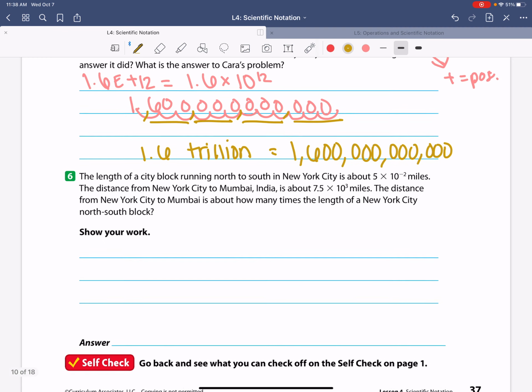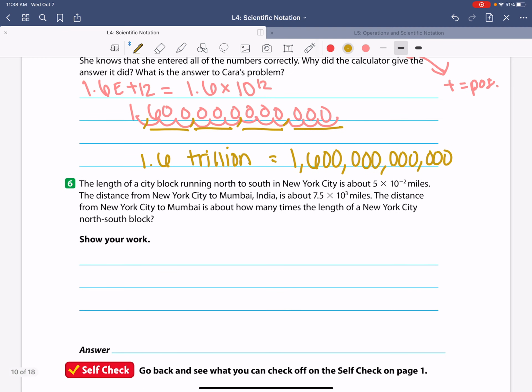All right, in number 6, the length of a city block running north to south in New York City is about 5 times 10 to the negative second miles. The distance from New York City to Mumbai, India is about 7.5 times 10 to the third power miles. The distance from New York to Mumbai is about how many times the length of a New York City north-south block?